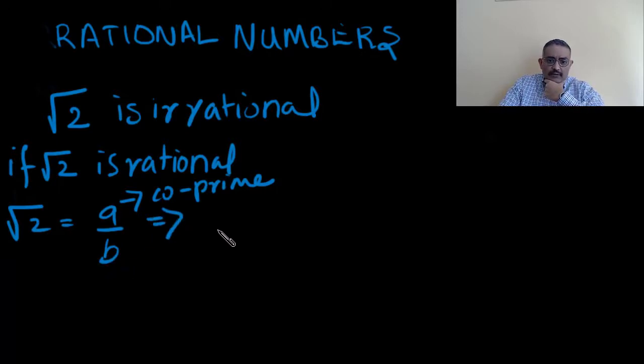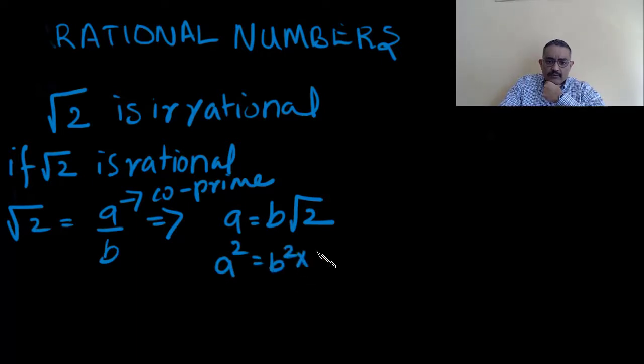Now this means that A is equal to B times square root of 2, which means that A squared is equal to B squared times 2.